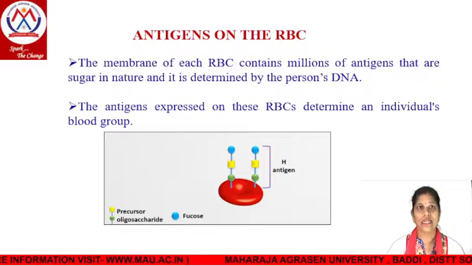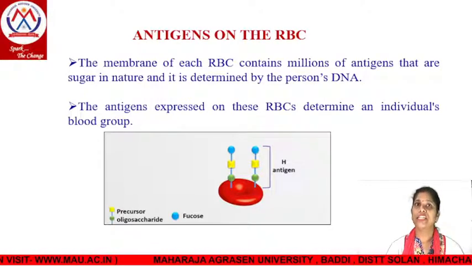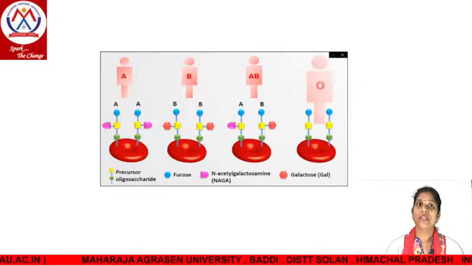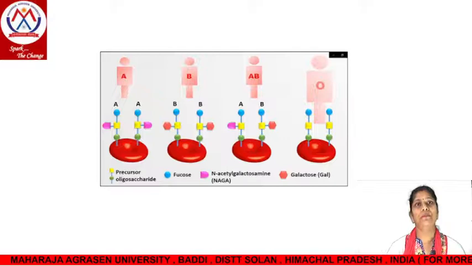You can see here that H antigen is made up of fucose and precursor oligosaccharide. This is the basic H antigen present on every RBC of the individual. Now, the side chain present on this H antigen determines which blood group the individual belongs to.